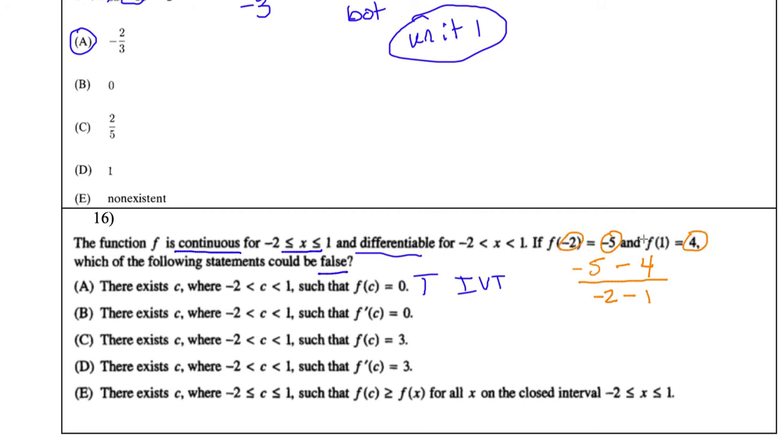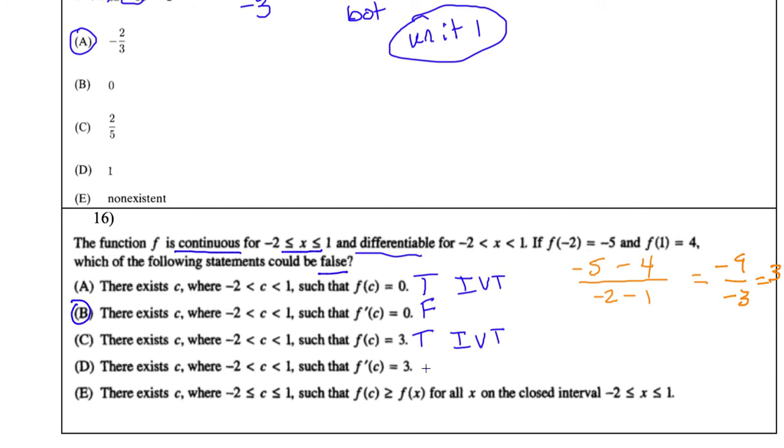Our y's divided by our x's. We should get negative 9 divided by negative 3, which is indeed equal to 3. So MVT guarantees 3, not 0. So this one's false. That one's the answer. It doesn't satisfy MVT. F of C, this is true by IVT. And 3 is between negative 5 and 4, so that works.